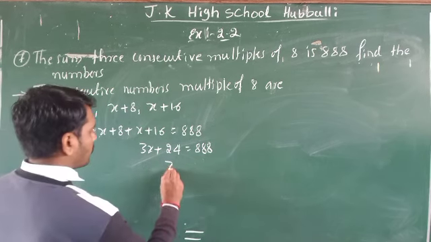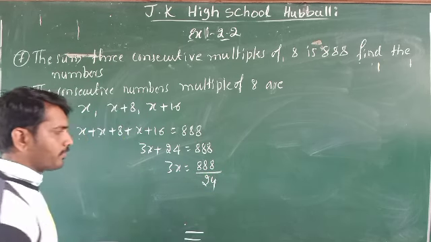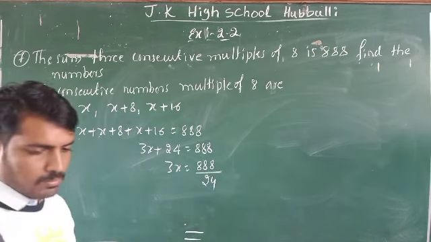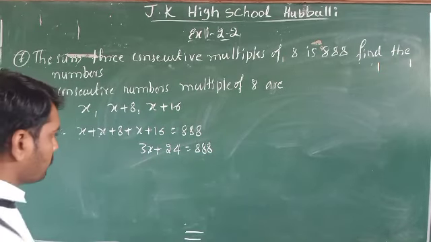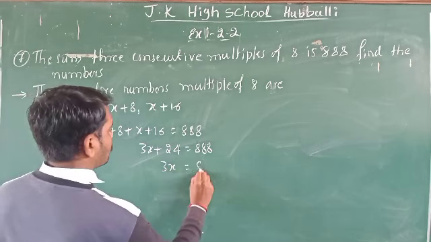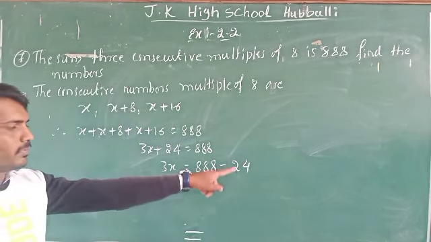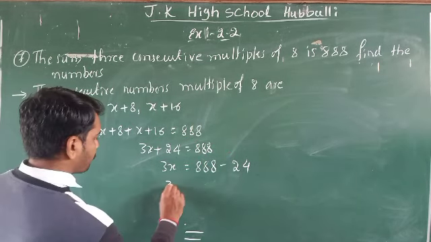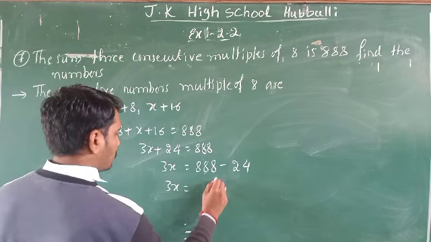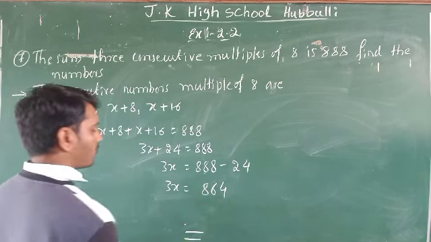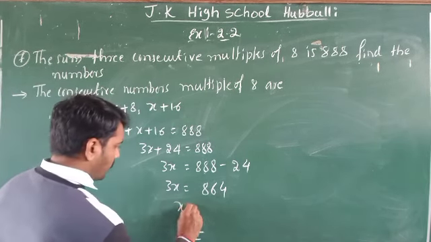Next, 3x keep here only. 888 minus 24, sorry, minus will come, not divided by. 3x is equal to 888 minus 24 because plus is there. If it goes that side, it will become minus. 888 minus 24, remaining is what? 864.